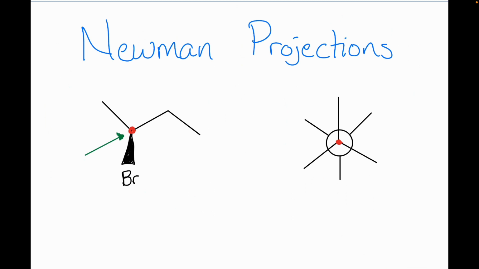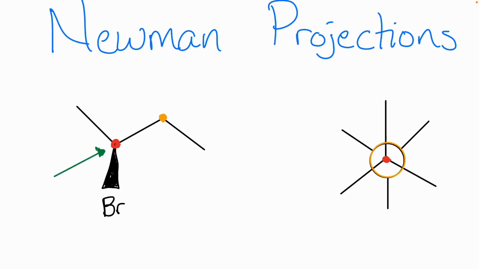Now, if I'm turning and I'm looking down this bond, the other carbon is directly behind it, right? So that carbon directly behind it is what I'm representing with the circle. So the carbon in front is that midpoint. The carbon in the back is the bigger circle.